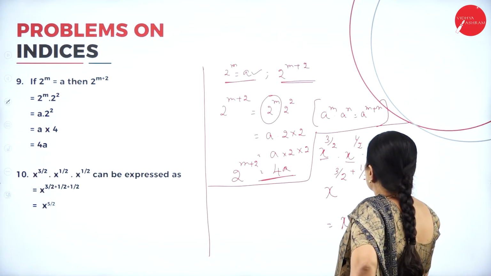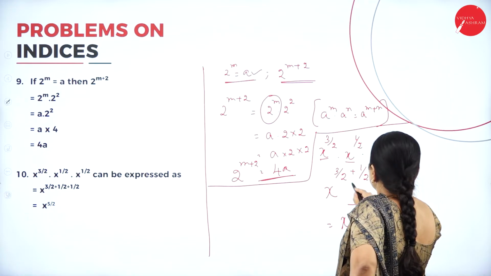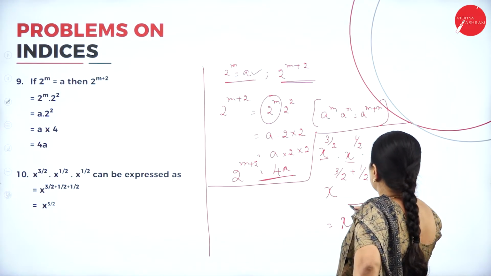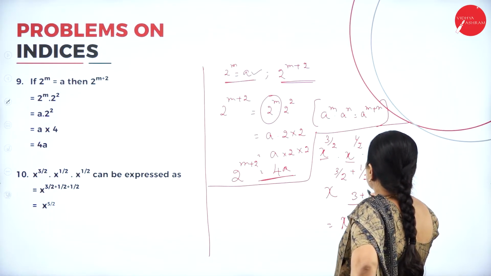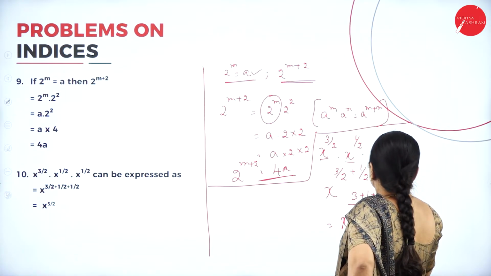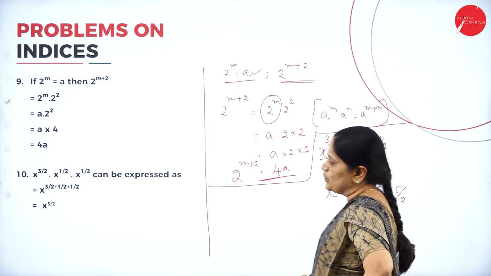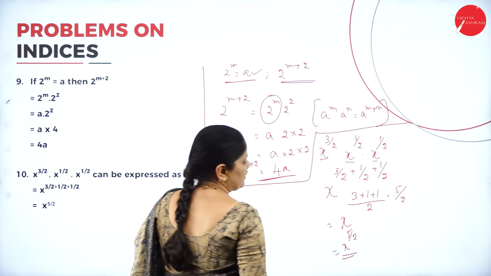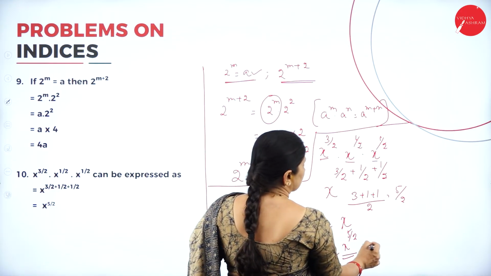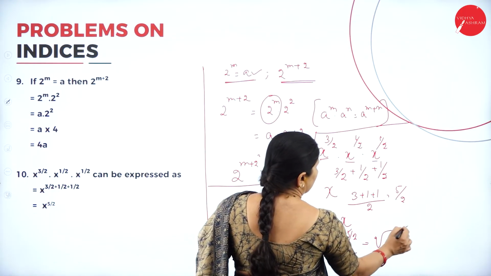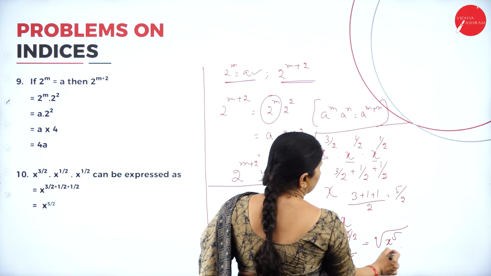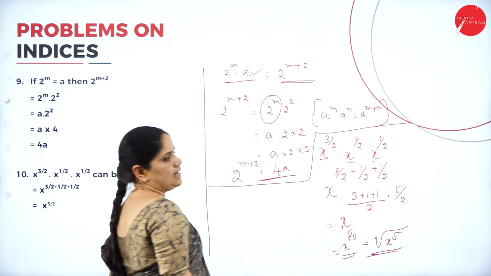Since the denominators are same, I can safely write it the same way. So, this will be 5 by 2, or the answer is x to the power of 5 by 2. This can also be written as the square root of x to the power 5. So, this is the answer.